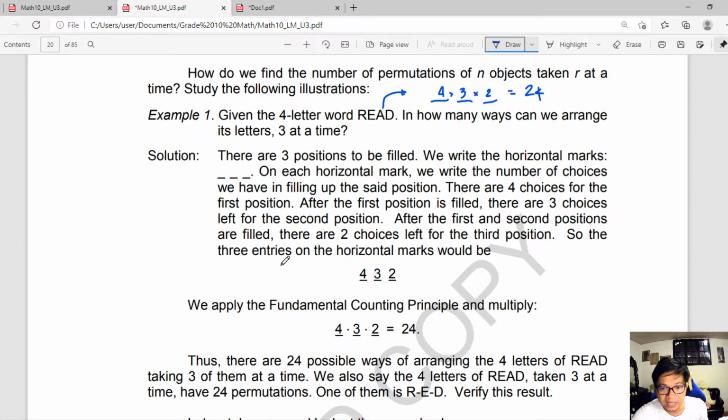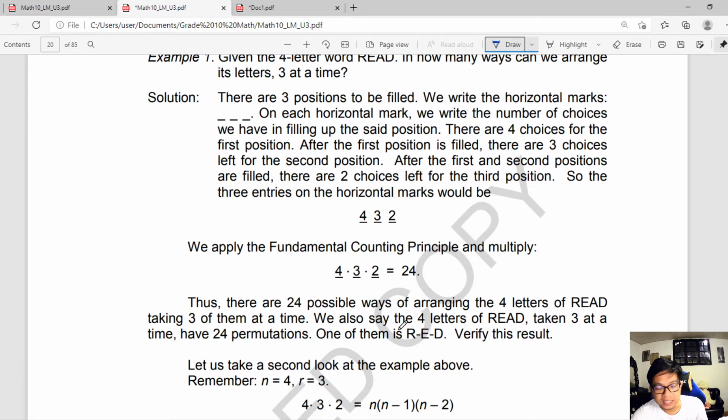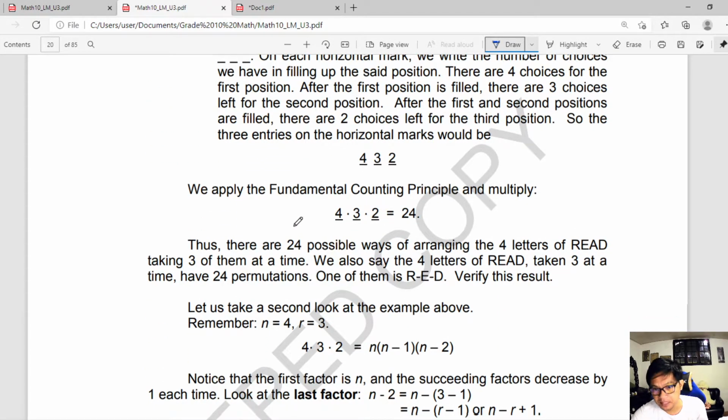So the 3 entries on the horizontal marks would be 4, 3, and 2. We apply the fundamental counting principle and multiply. So that is 4 times 3 times 2 is equal to 24. Thus, there are 24 possible ways of arranging the 4 letters of read, taking 3 of them at a time.